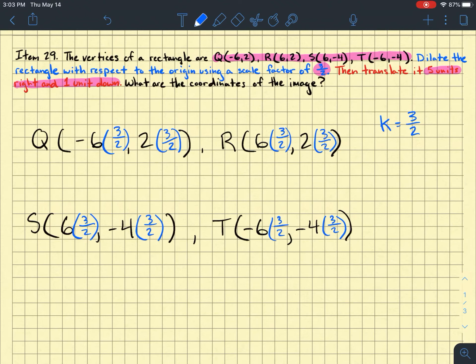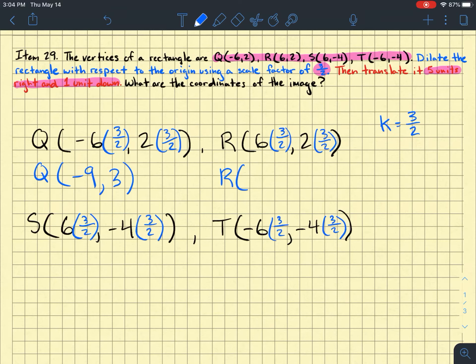So for Q, it is going to be located at -6 times 3 is -18 divided by 2 is -9. 2 times 3, 2 times 3 is 6. 6 divided by 2 is 3.